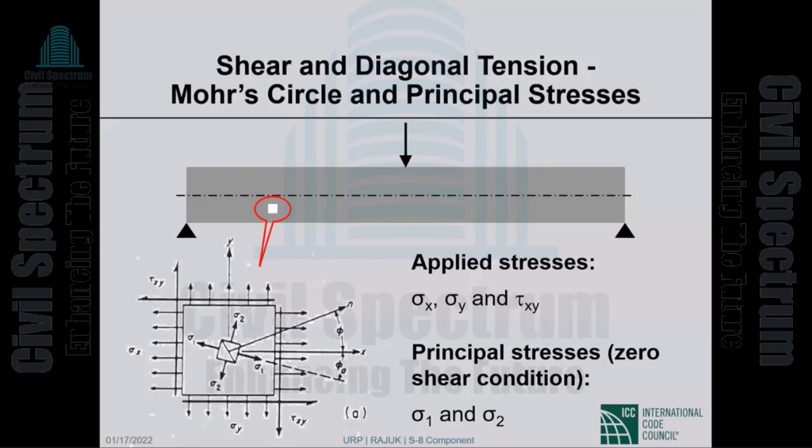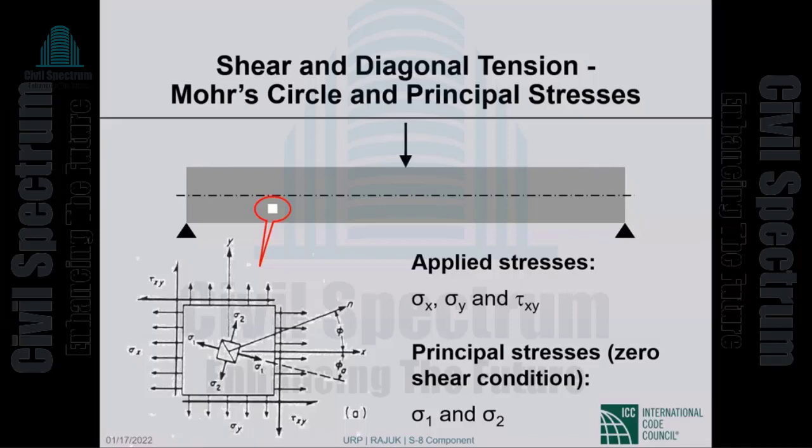But these preliminaries, I think, are extremely important. So if we take this element as in the previous picture, a beam under transverse loading, in this case, loading in the middle, simply supported at the two ends, we take an element, in this case, below the neutral axis.